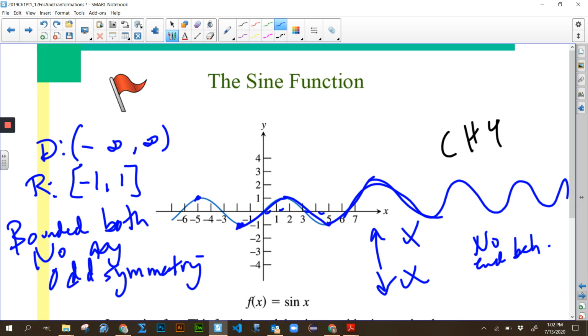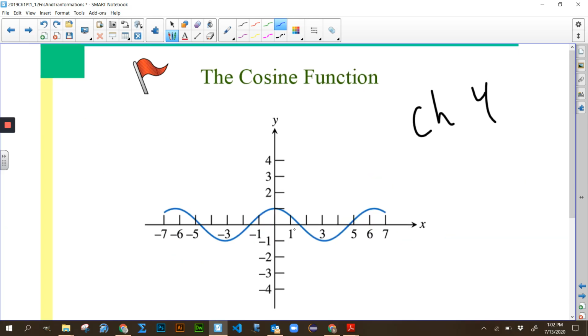Our cosine function's pretty much the same. Everything's the same, so maximum is the same, minimum is the same, no end behavior, bounded above and below, no asymptotes. What happened to my 2 and my 4? I don't know. That's weird. And the range is the same, the domain is the same.